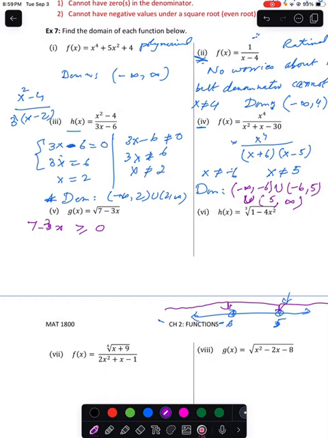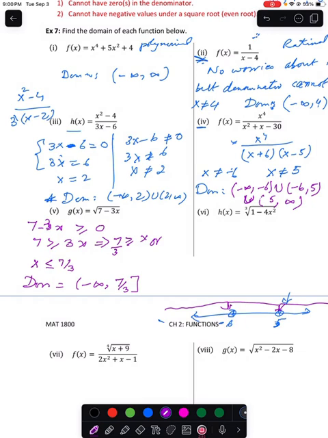This gives us 7 is greater than or equal to 3x. Now we divide by 3, so we get 7 over 3 is greater than or equal to x, or x is less than or equal to 7 over 3. Therefore the domain is negative infinity to 7 over 3, where 7 over 3 is included because of the equality sign.